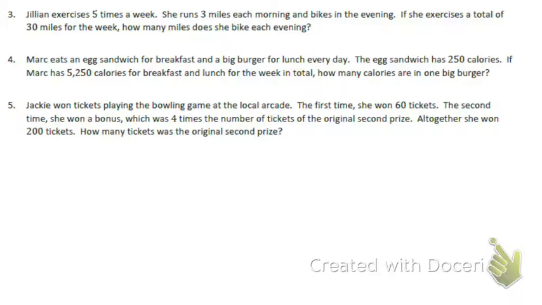So number 3, Jillian exercises 5 times a week. She runs 3 miles in the morning and bikes in the evening. If she exercises a total of 30 miles in the week, how many miles does she bike in the evening? So you guys don't have to write this down, just maybe check with your paper.